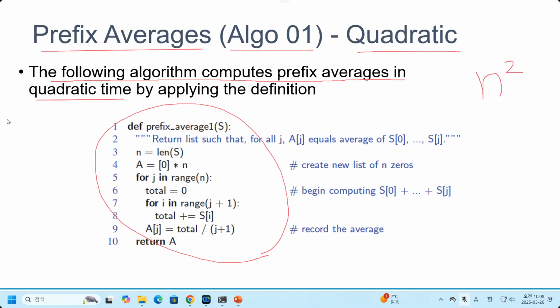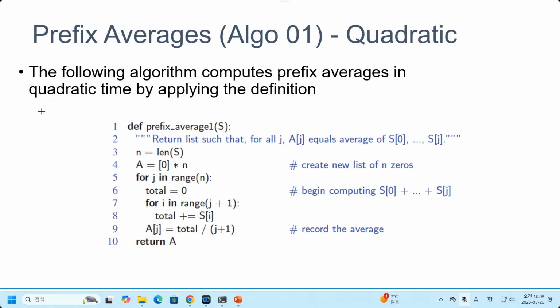When you analyze the code, you will see this one: n equals length of s. This is one operation, maybe you can say two operations. A equals a new array of n elements, so this is two operations.